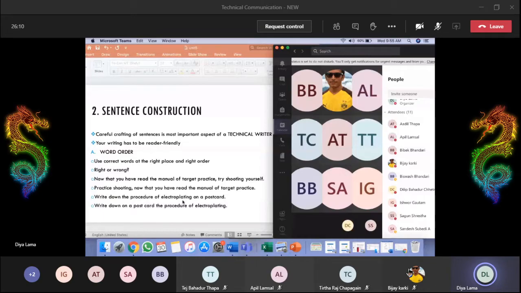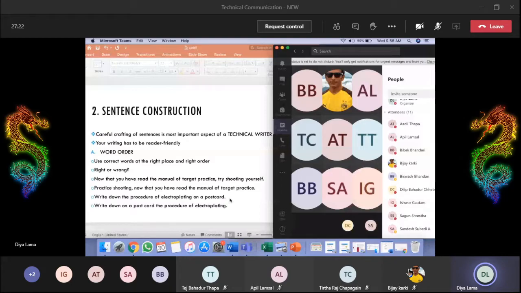So the first one obviously sounds a bit different. It's sounding like you have to do electroplating, the procedure being performed on a postcard. But the second sentence says to write the procedure of electroplating on a postcard. So obviously, which one is correct?